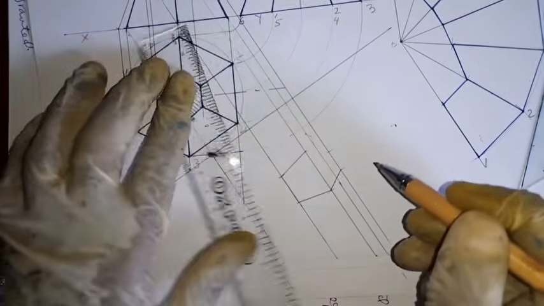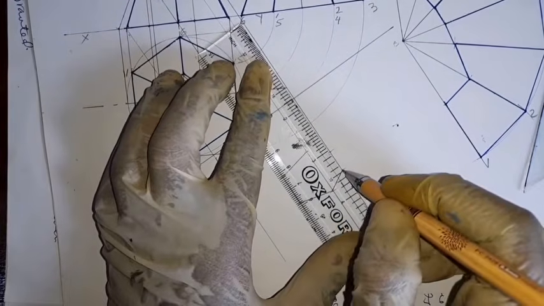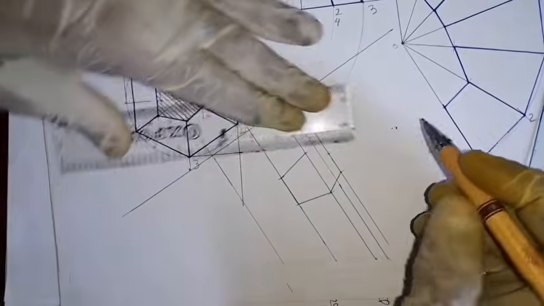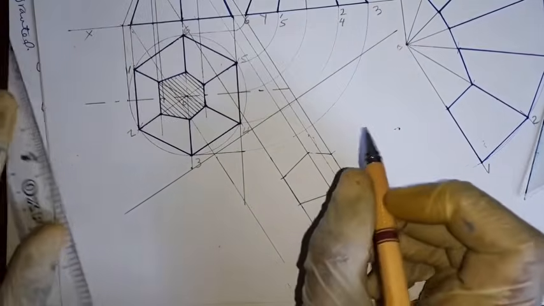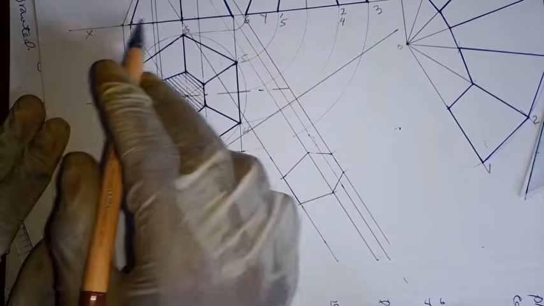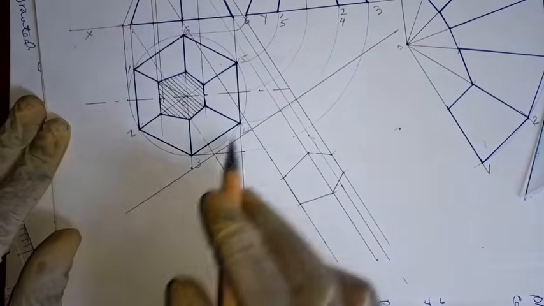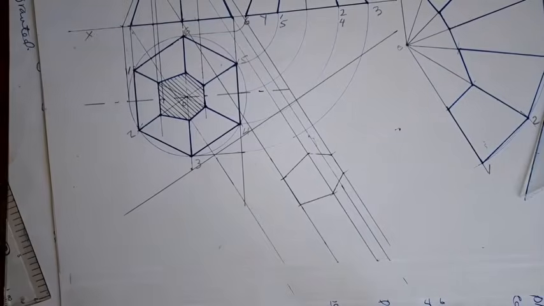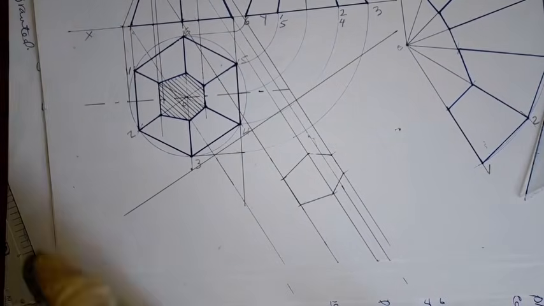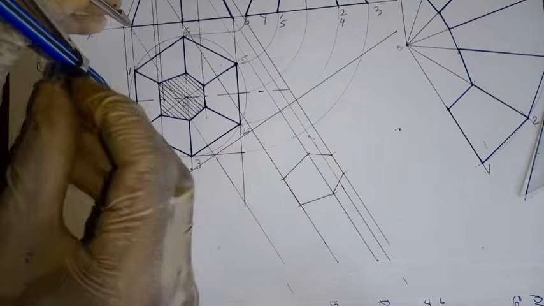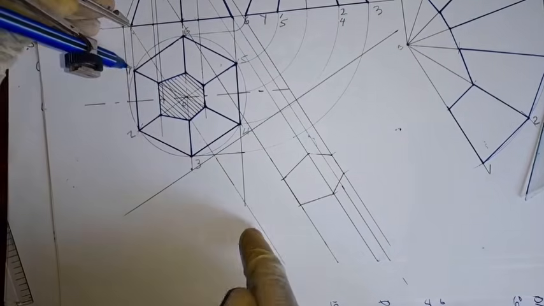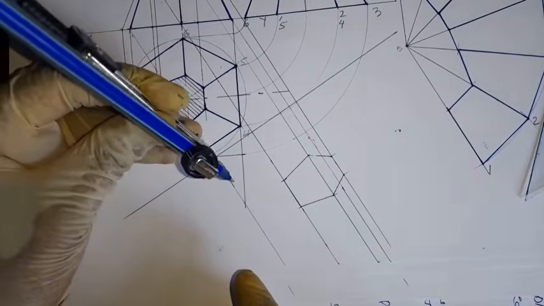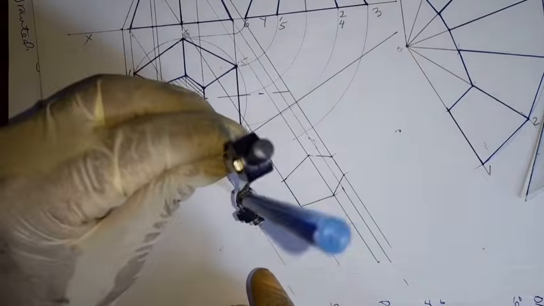That's how the top appears in a plane 30 degree to HP. Now we also want to carry the base, this one, and this one, using this one as our reference. So we start with this one, number one, on the same line, okay, come and cut.